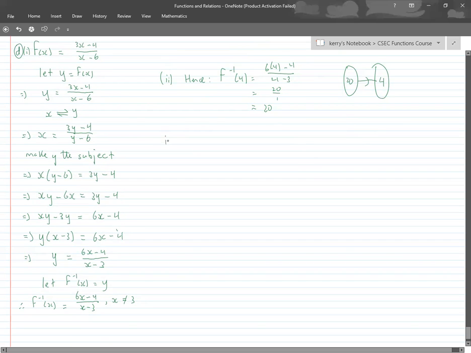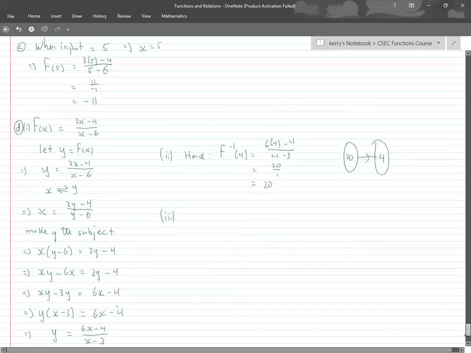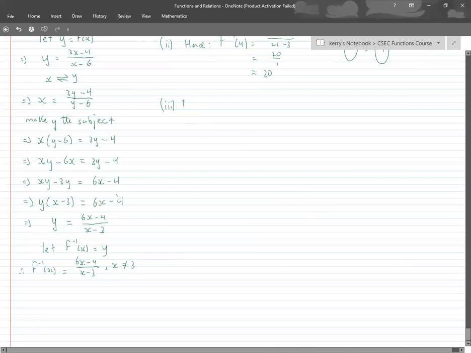And now part 3, they are asking us to determine the input when the output is 12, right? So when the output is 12, what we do is we take this 12 and we substitute it into the inverse function, and that will give us the input.